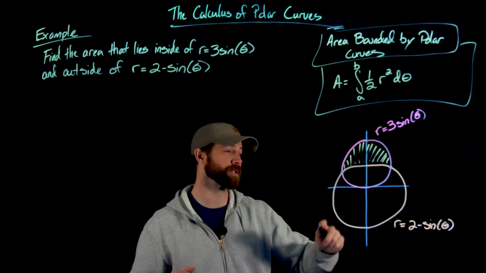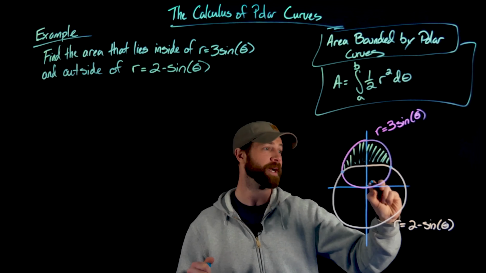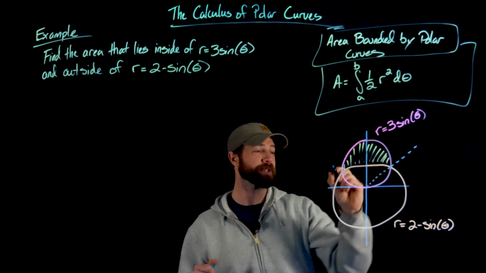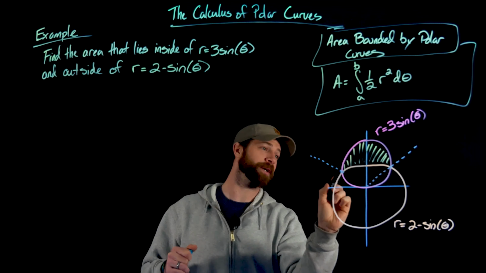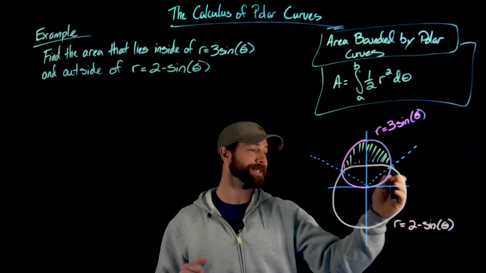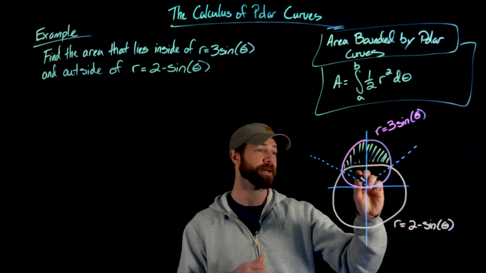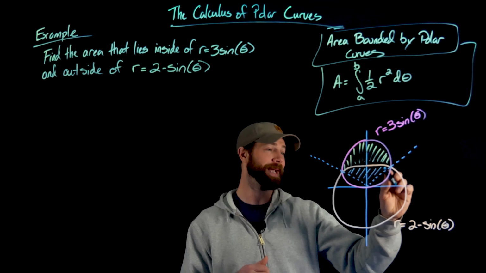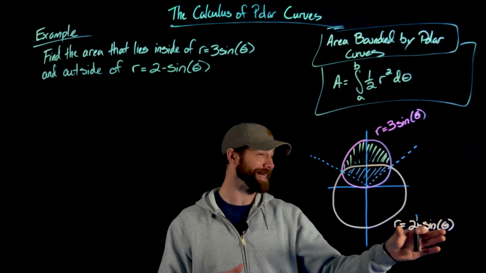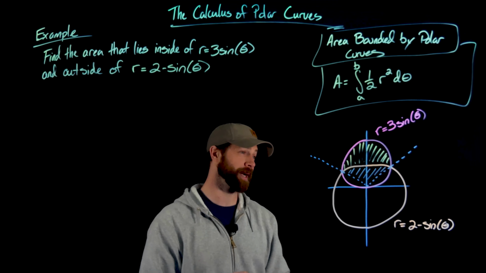Because what we're going to do is we want to find the area, first, looking at these angles right here. So we're going to look on this limaçon right here. We're going to calculate this little area right here inside of here. So that will be the area described by integrating this over those angles right there.